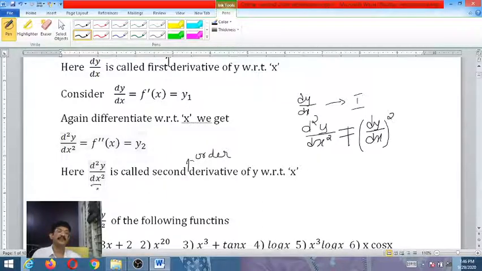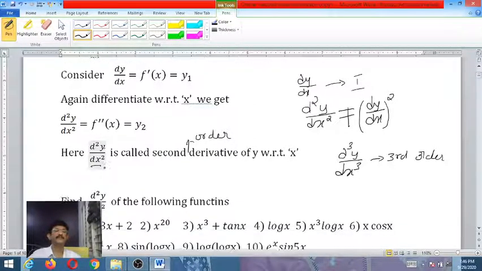If you differentiate d square y by dx square again, we can write it as the third order derivative, d cube y by dx cube. So remember that one. In this chapter we differentiate only two times, that means we get only d square y by dx square.